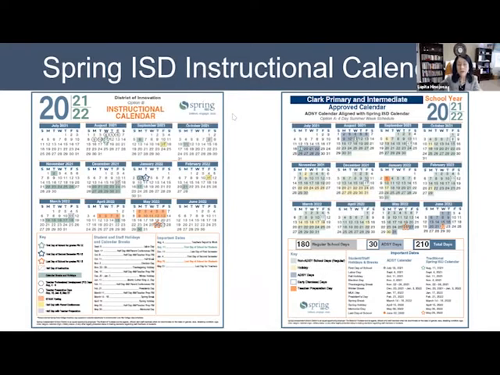And then our last day this year in the 180-day calendar is right before Memorial Day. And then you'll see our ADSY calendar, Clark Primary and Clark Intermediate. Our students will be coming back on July 19th. And while, as Brian explained, you don't have to take the full 30 days, your year 1 going out, we toyed with it.